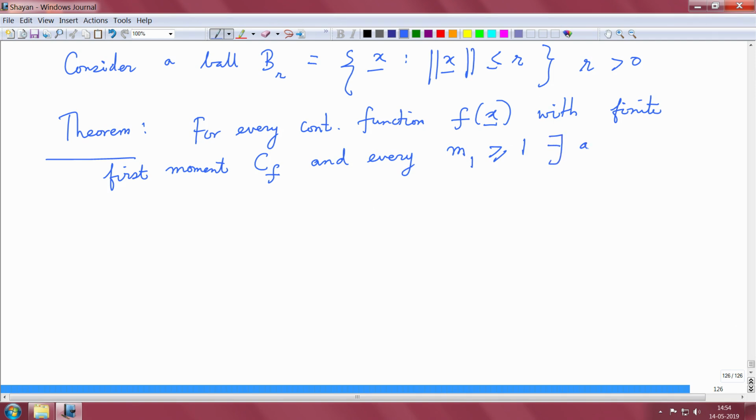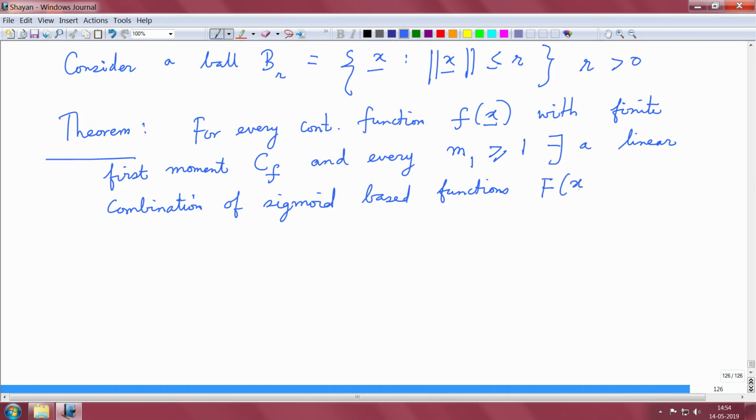There exists a linear combination of sigmoid based functions.